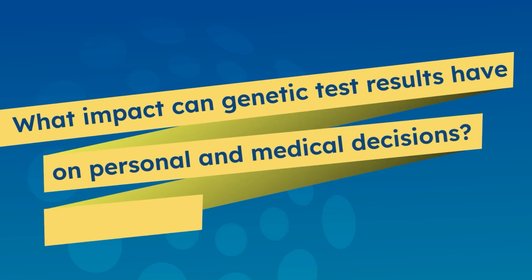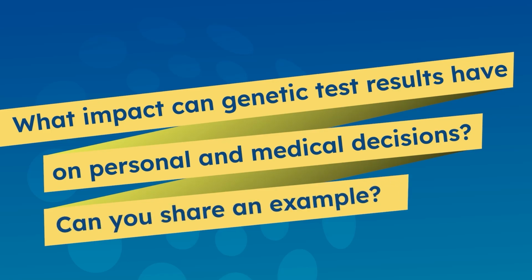What impact can genetic test results have on personal and medical decisions? Can you share an example? A genetic test result can influence treatment of the disease and can guide preventive measures like screening or prophylactic treatments. A genetic test result may influence personal decisions like adopting a healthier lifestyle. It can, for instance, influence reproductive decisions, guiding family planning.